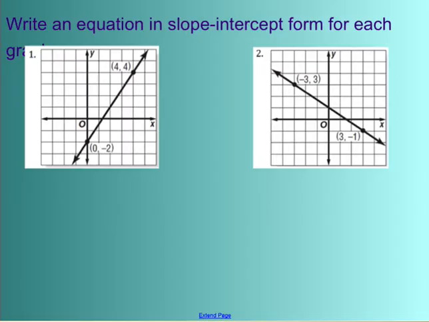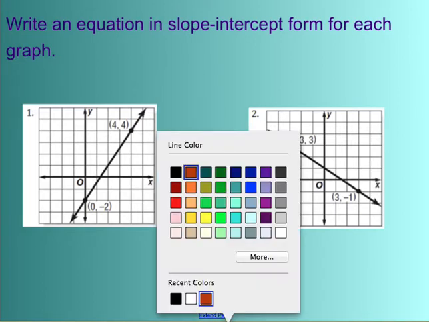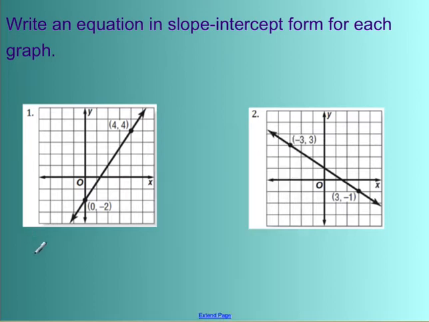Let's take a look at these first problems. All it's asking us is to write an equation in slope-intercept form for each graph. So there's two things that I need to find right now: I need to find my slope, and I need to find my y-intercept.